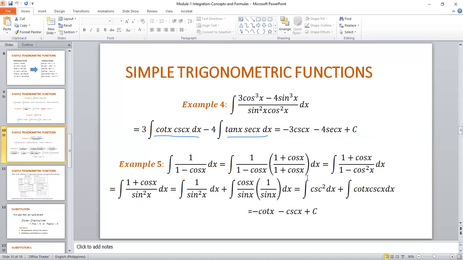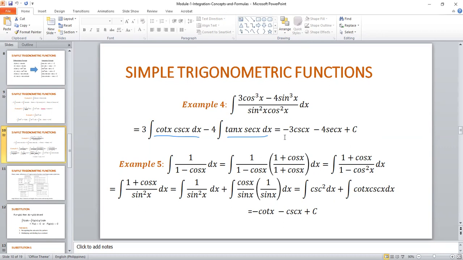But we are not allowed to simply multiply by 1 over 1 plus cosine x because that will alter your original integral. You are only allowed to multiply by 1. And this one is 1 because they're just the same. So if you multiply the original integral by 1 plus cosine x over 1 plus cosine x, it will give you this. Right? 1 minus cosine x times 1 plus cosine x, according to your algebra, will be this. 1 minus cosine squared x is sine squared x, coming from your trigonometric identity that I've shown to you a while ago.